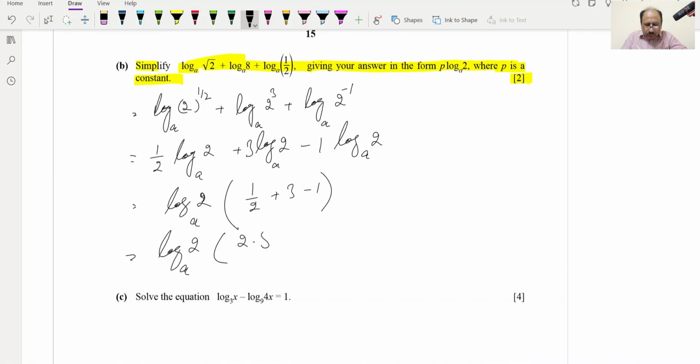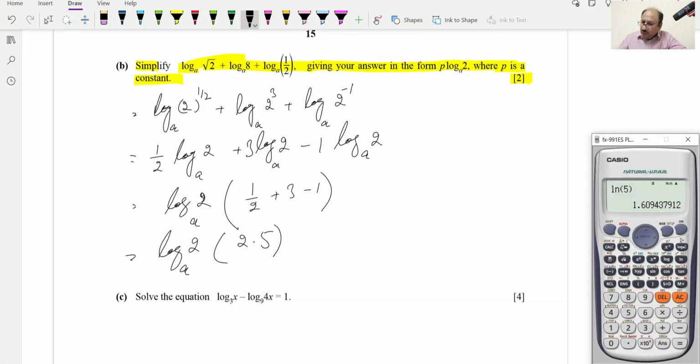We can check also, 0.5 plus 3 minus 1, and this is basically 2.5. So log of 2 is 1. Or what we can do, we can compare it with this one.